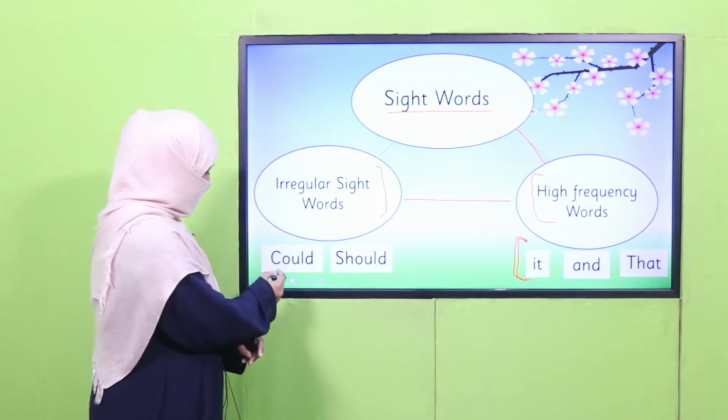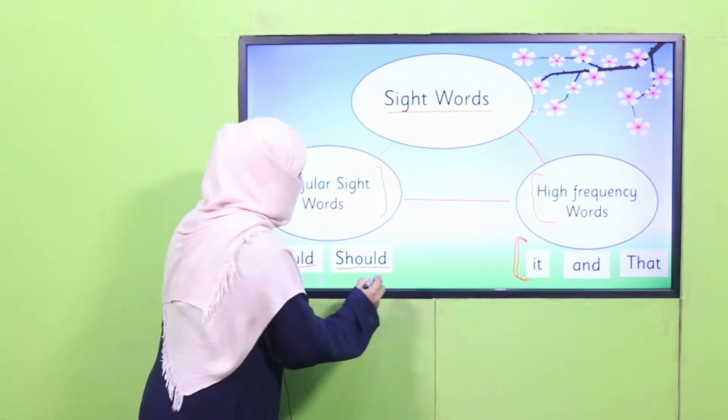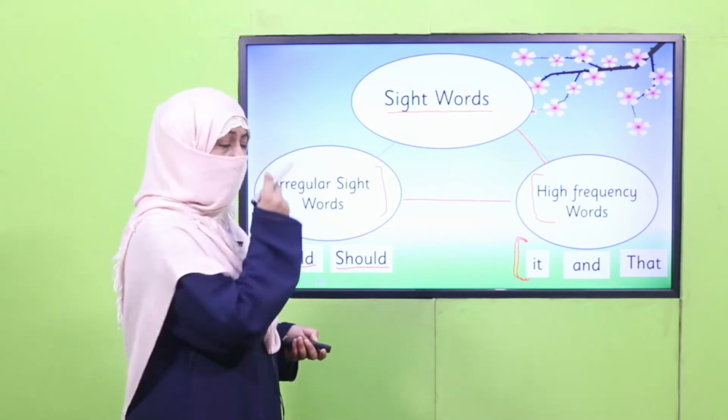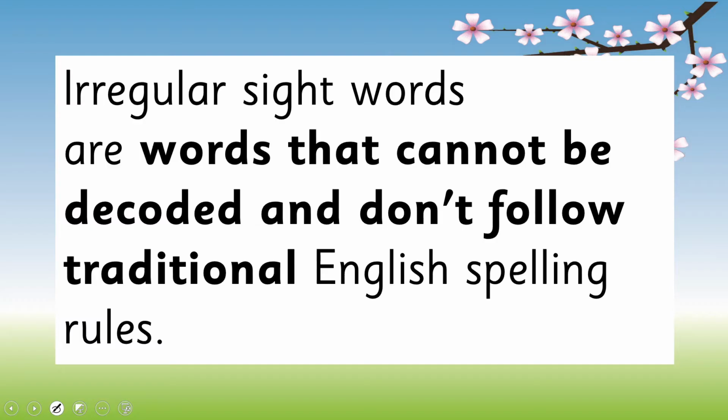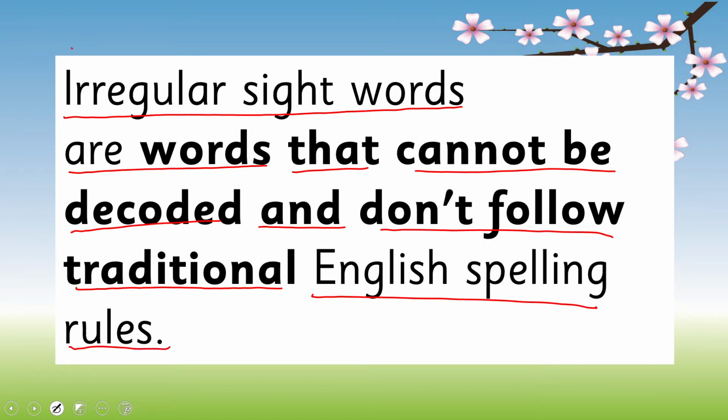Like this word is could, this word is should. So they don't follow the regular spelling pattern. That's why we say irregular sight words are words that cannot be decoded and don't follow traditional English spelling rules.